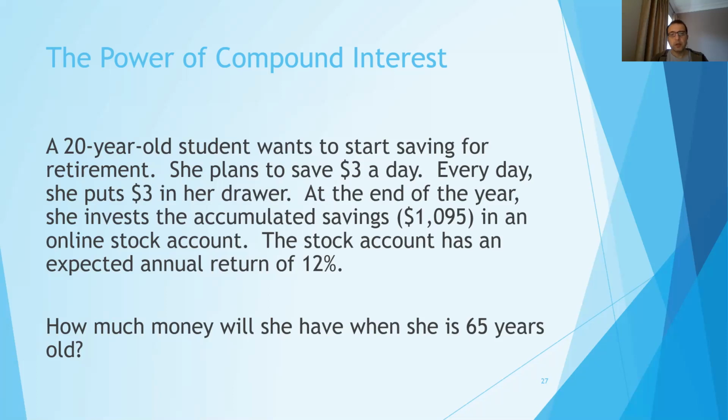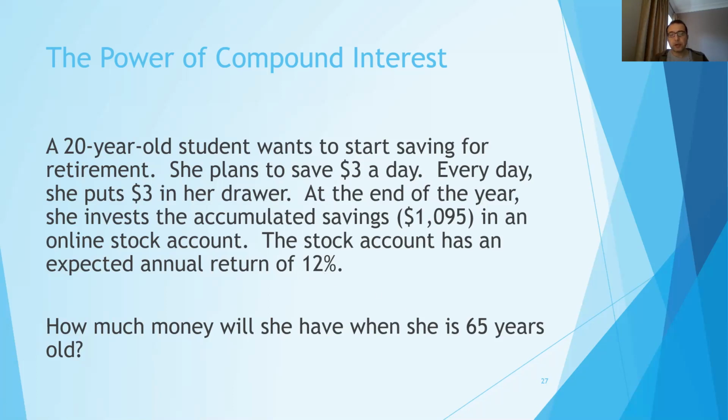Here's the question. It says end of year, so that means ordinary annuity. Cash flow is each year end of period, 1,095. We know the interest rate is 12%. For how many years?